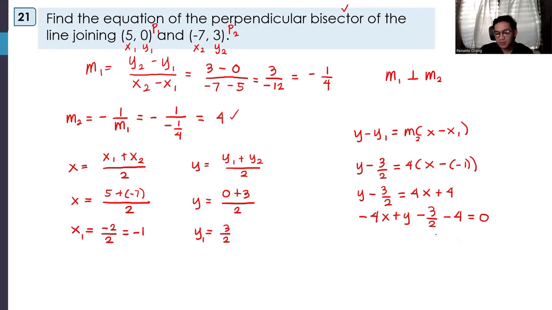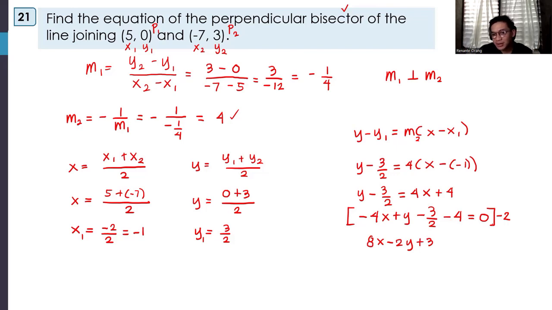Next thing, simplify lang natin ulit. Multiply both sides by 2. Then negative 2 para maging positive yung x natin. So negative 4 times negative 2 is positive 8x. Positive y times negative 2 magiging negative 2y. Negative 3 over 2 times negative 2 is magiging positive 3 kasi cancel out lang yun.